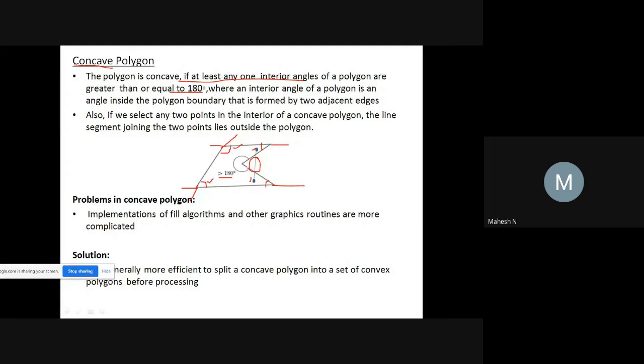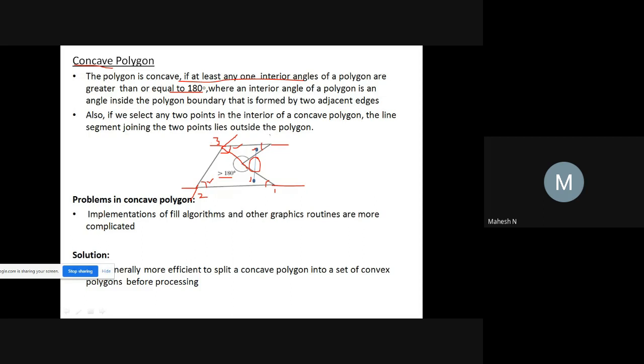Now if I extend this edge, what is happening? See, the first vertex, second vertex, third vertex are towards one side of the extended edge. This is my extended edge. Towards one side of the extended edge, I have the first, second, and third vertex.